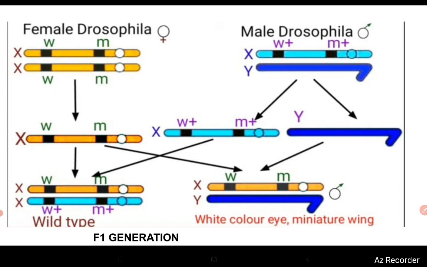So when the X chromosome of the male combines with the X chromosome of the female, the wild type is produced with the dominant characters, whereas in case of the male Drosophila it is with the recessive characters.